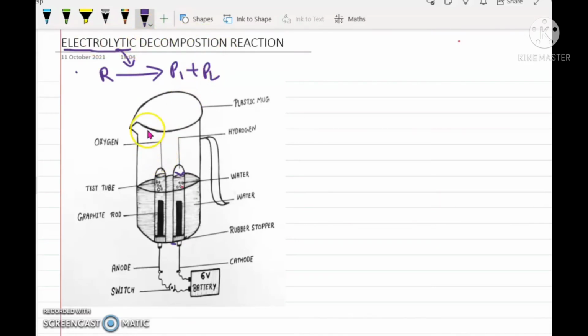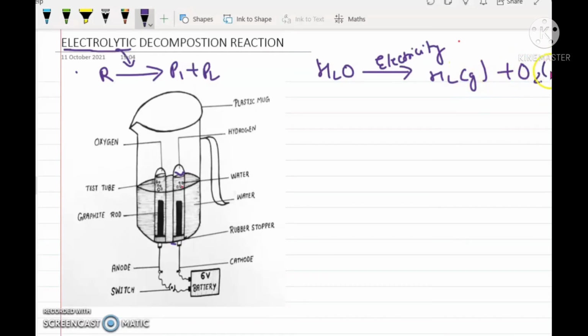In this reaction, there is a peculiar experiment given in your NCERT, which shows the decomposition of water with the input of electricity into two different gases, hydrogen gas and oxygen gas. Now what are some very important questions which come out of this activity?